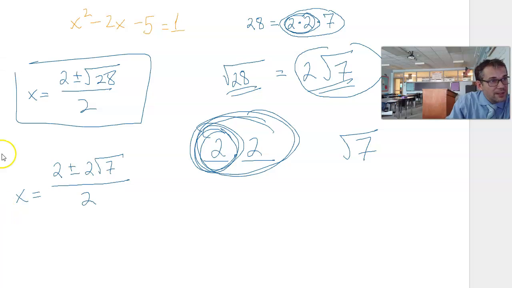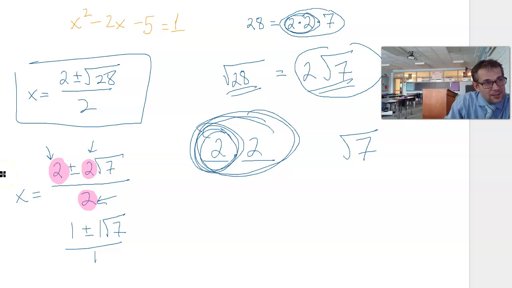But then we're going to take the extra step of looking at everything outside the radical symbol itself. And if those all have a common factor, we'll divide each of those by the common factor. 2 goes into all these numbers. So if I take this guy and divide it by 2, it's 1. Plus or minus, this guy divided by 2 is 1. This guy divided by 2 is also 1.